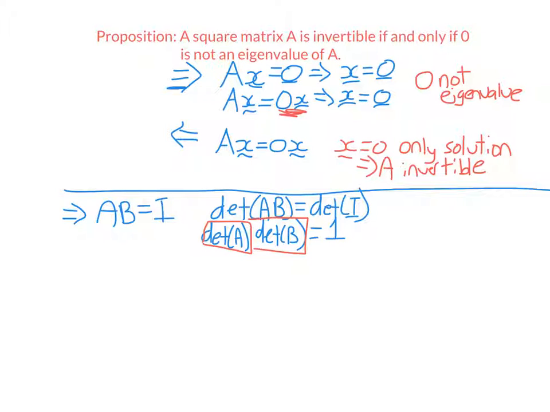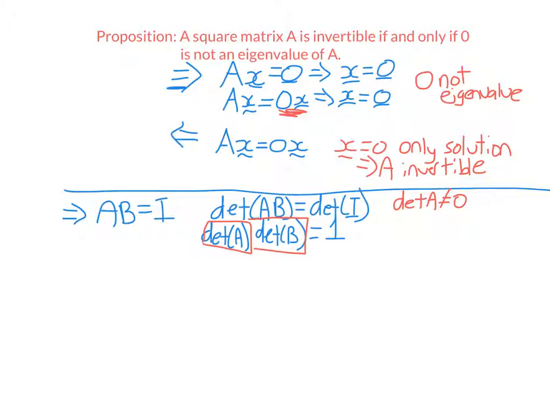Neither of those numbers can be equal to 0. You can't multiply 0 by a number to get 1. So that proves that the determinant of A is not equal to 0. So we've actually proved another statement in the invertible matrix theorem, that if A is invertible, its determinant is not equal to 0. What does this have to do with eigenvalues?